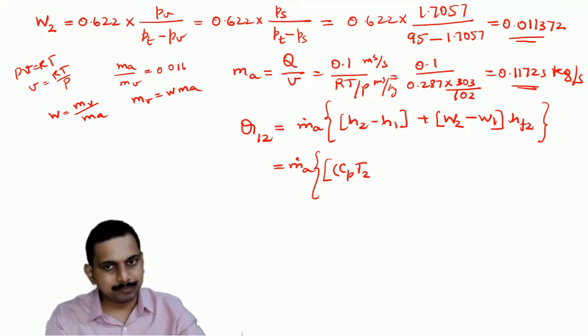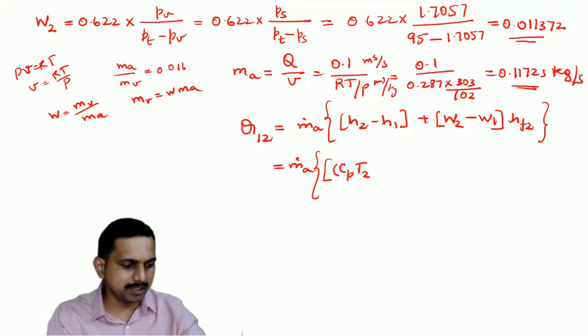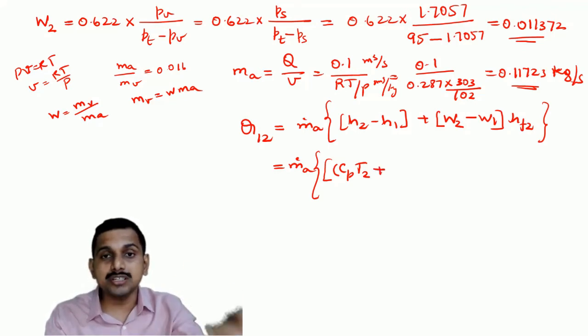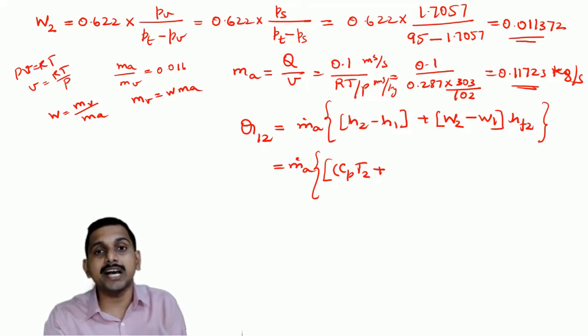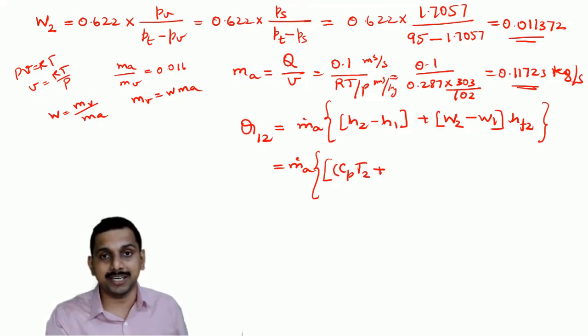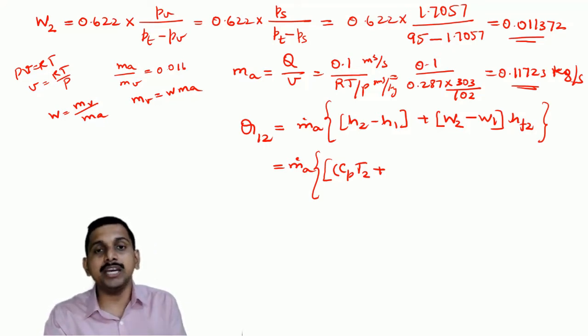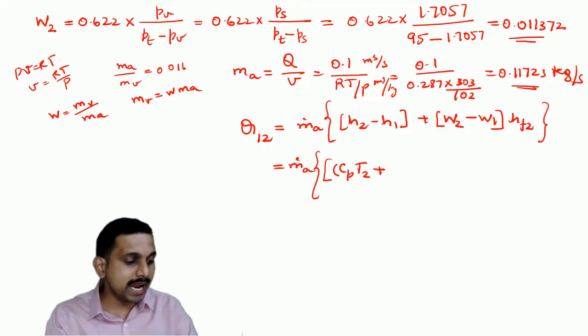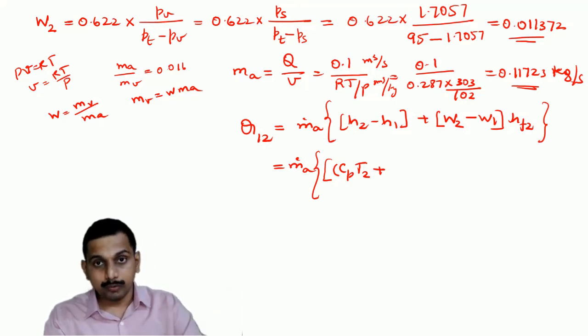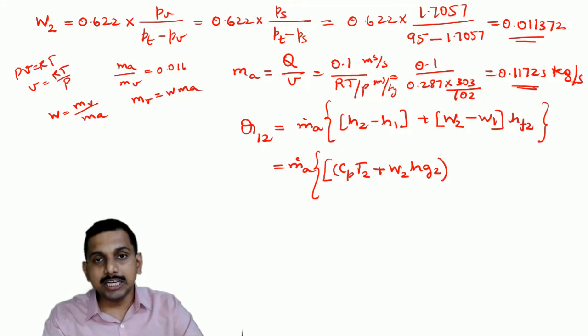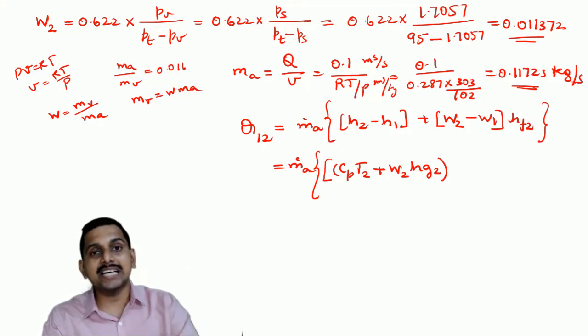This gives the enthalpy from a particular base. We are not worried about the base, plus, now when I take enthalpy, it is not just the enthalpy of air that has to be taken, it has to be the enthalpy of water vapor also. Generally water vapor has a high latent heat, so that latent heat together has to be taken. So W2 into Hg2, that is with the latent heat, at the gas state.